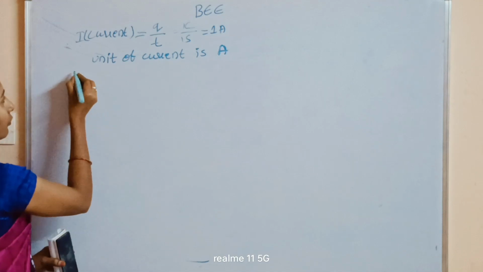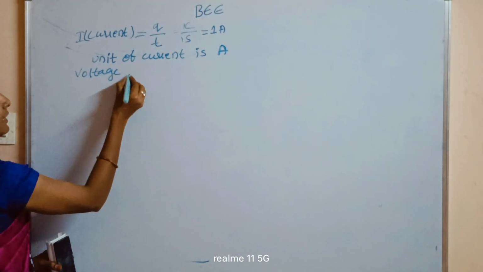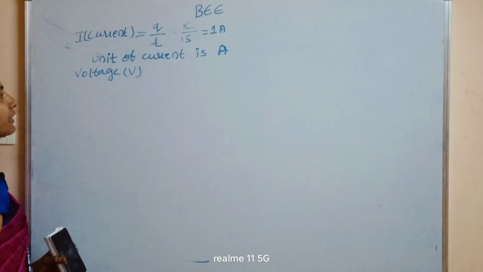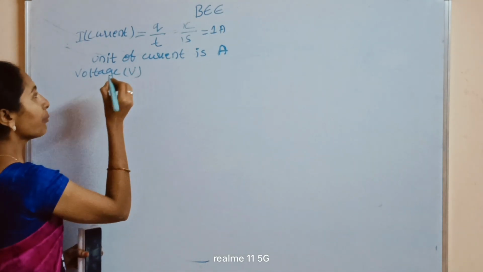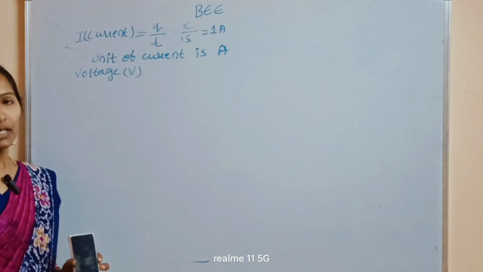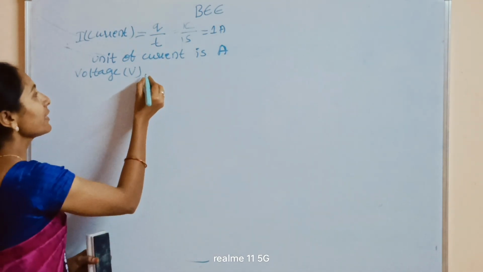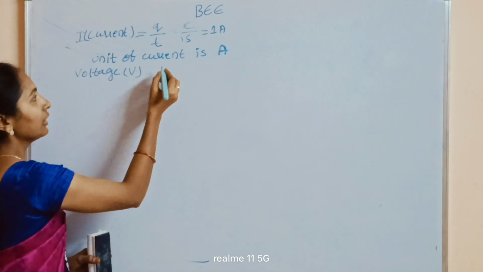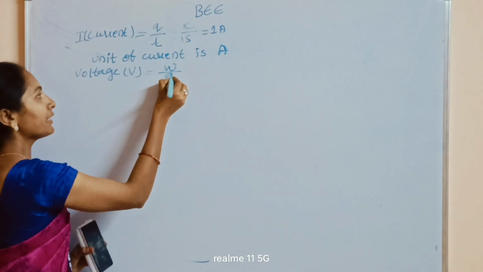Now coming to voltage. Voltage is denoted with V. It is the potential difference between any 2 points, and it is also determined as the ratio of work done per unit charge.